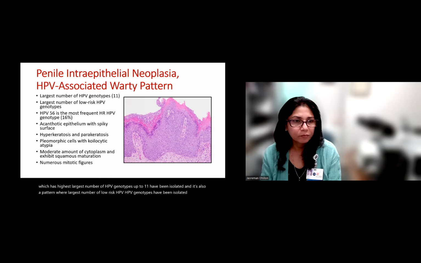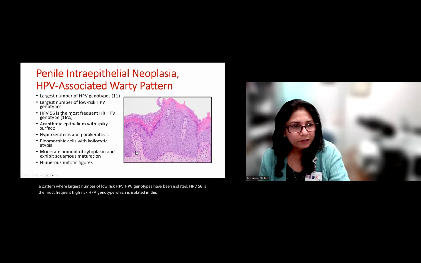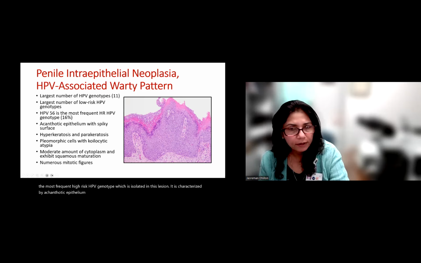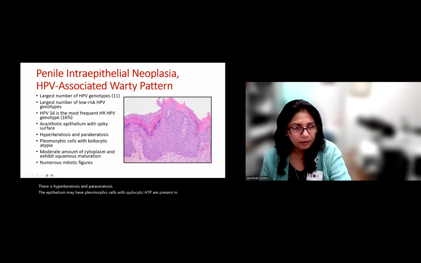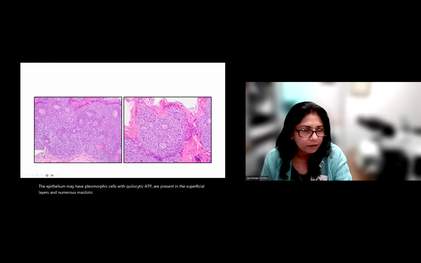HPV 56 is the most frequent high-risk HPV genotype isolated in this lesion. It is characterized by acanthotic epithelium with a spiky surface. There's hyperkeratosis and parakeratosis. The epithelium may have pleomorphic cells with coilocytic atypia present in the superficial layers, and numerous mitotic figures may be scattered throughout.